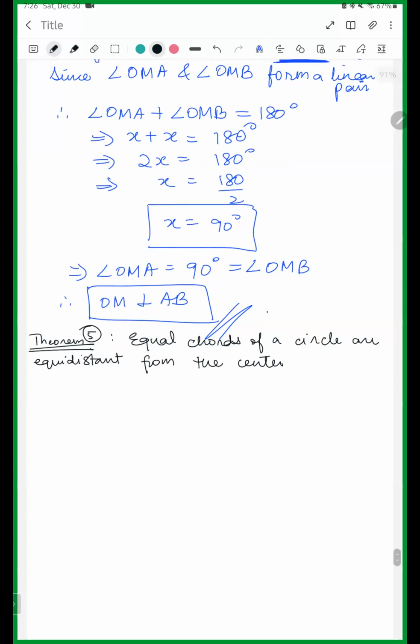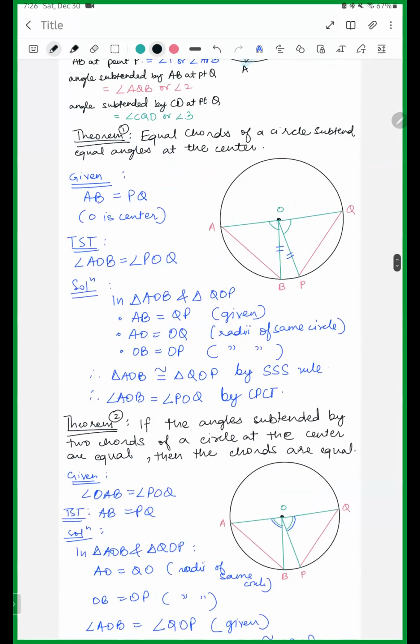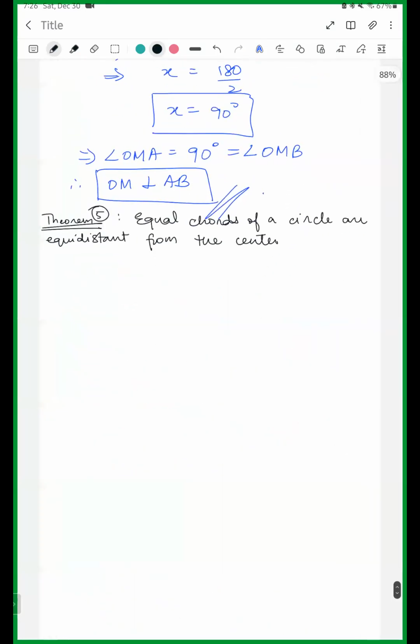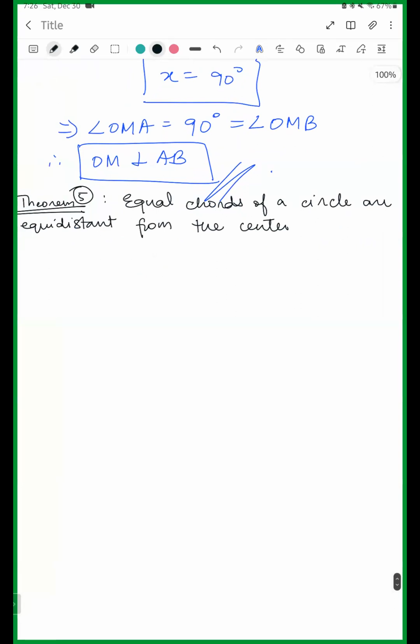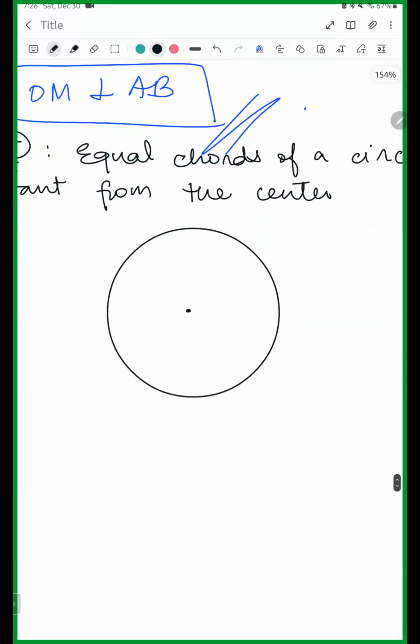In the first theorem, we proved that equal chords subtend equal angles at the center, right? But here we are going to prove that equal chords are equidistant from the center. This theorem is talking about one circle where there are two chords which are equal in length.